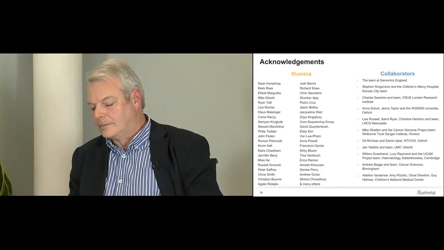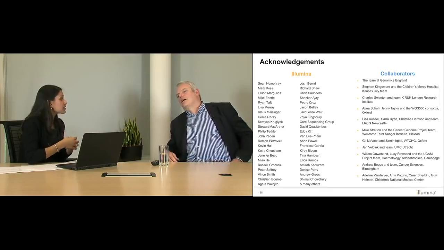So when it comes to looking at that data, a related question is, will the sequencing data generated in the UK, as part of this GEL project, be available to other parts of the world, such as the US, for further research? That's a question for Genomics England.